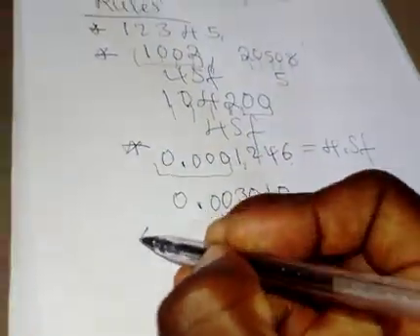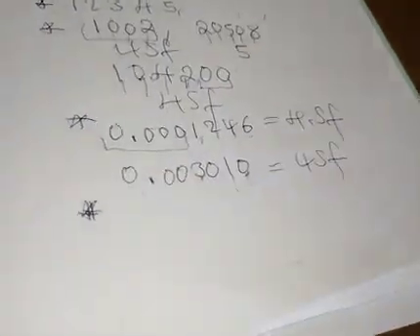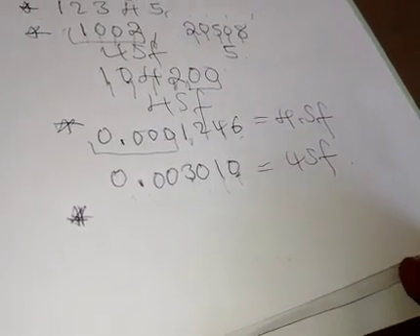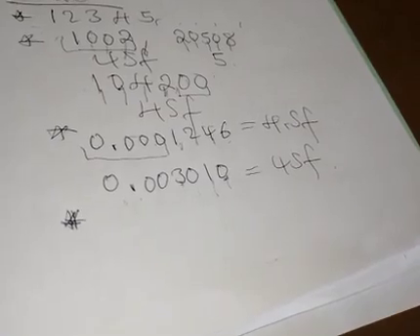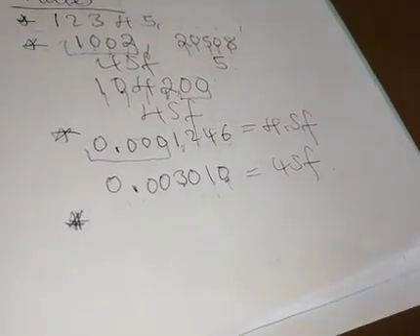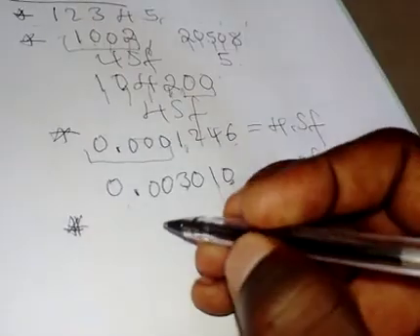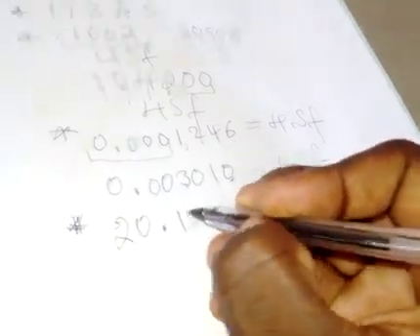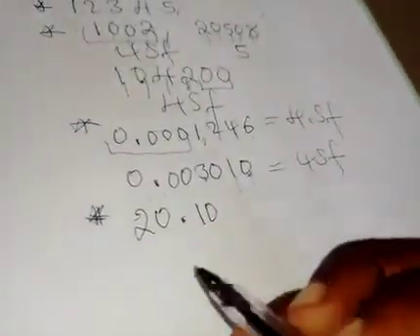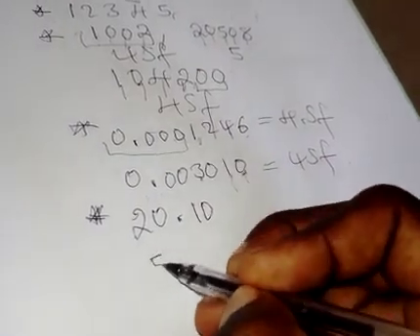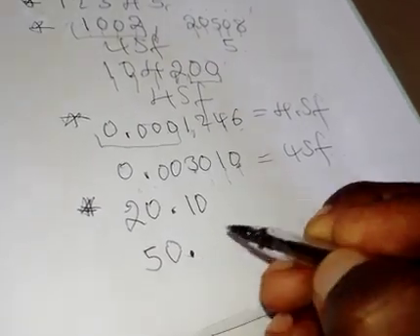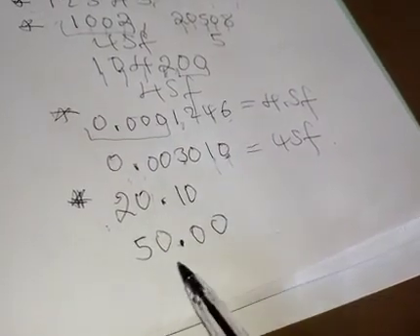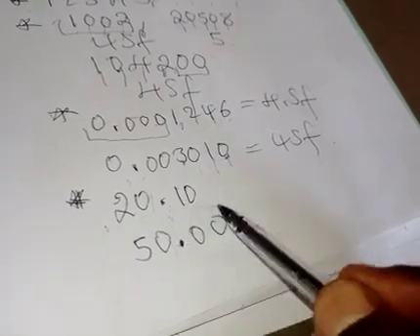You can proceed to talk about another rule we use to determine significant figures. If a number has an integral part and a decimal part, all zeros in the number are significant. For example, 20.10 and another one, let's say 50.00. The first part, the whole number part, is what we call the integral part, and this side is the decimal part.